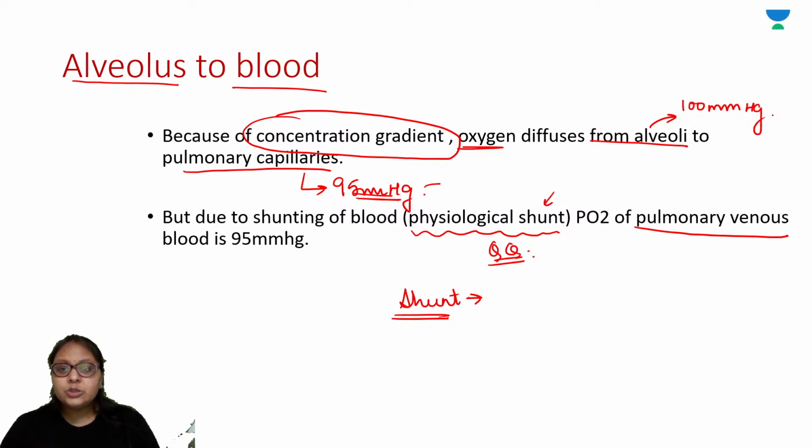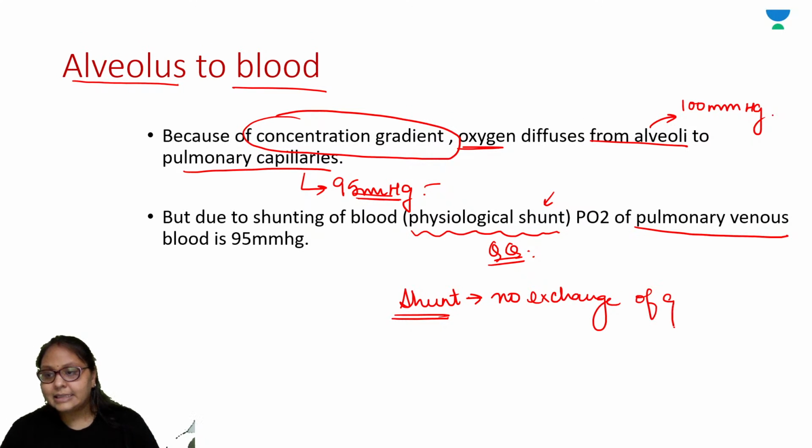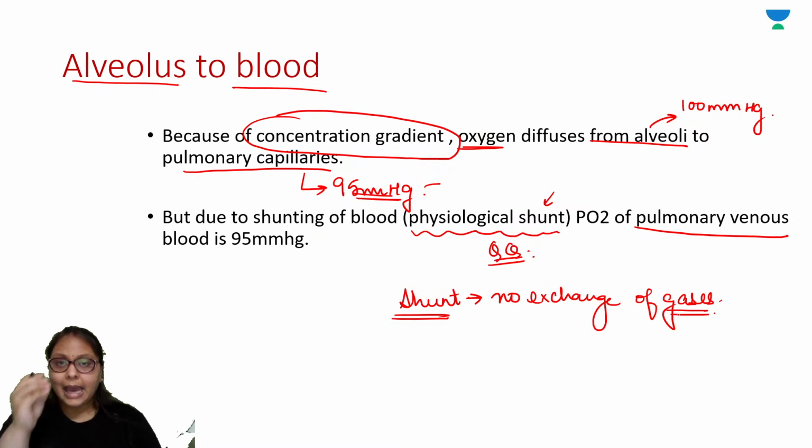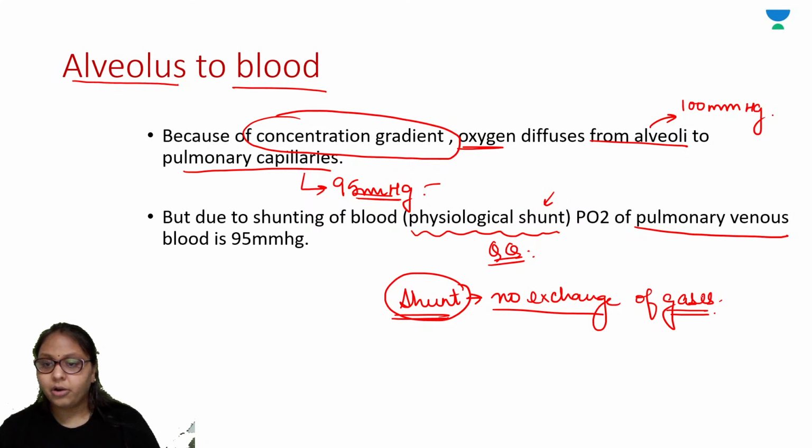That there is no exchange of gases. ठीक है, there is no exchange of gases. So basically there is no exchange of gases which is taking place. ठीक है. The gas is not being oxygenated, so in shunting there is no exchange of gases.